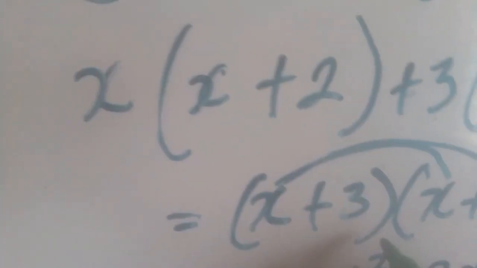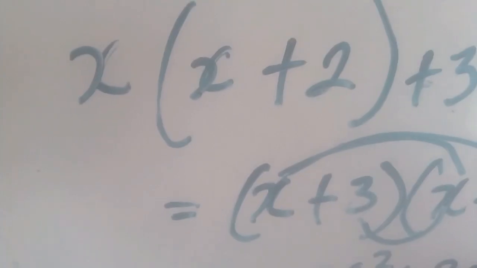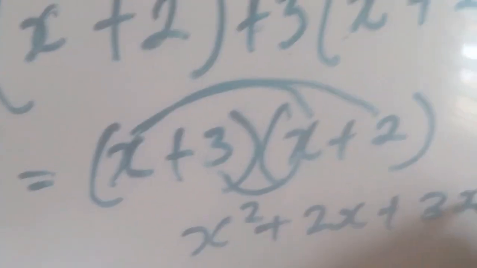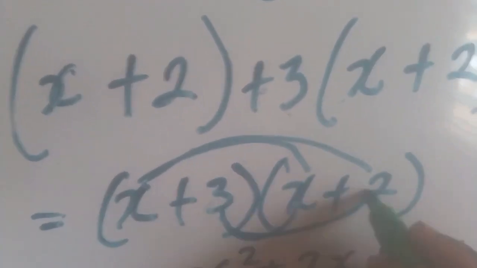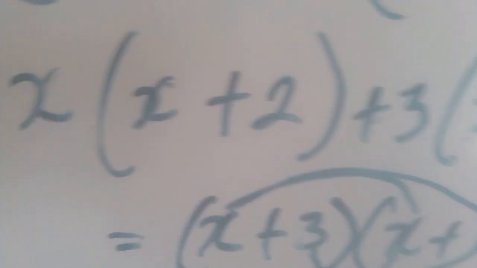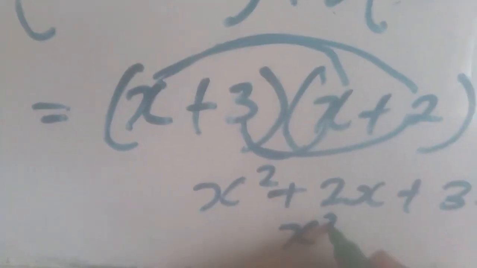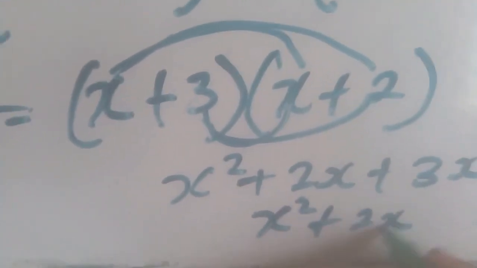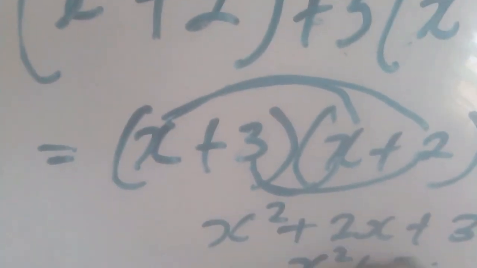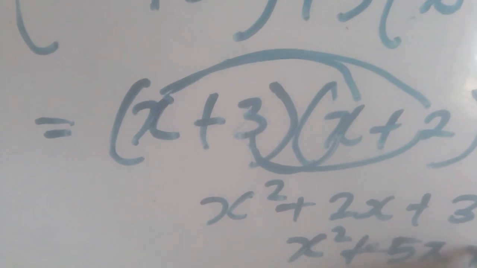Multiply this 3 here with this x will give us plus 3x, and you multiply this 3 with this 2 will give us plus 6. So if you simplify this expression, we have x squared plus 2x, plus 5x plus 6.